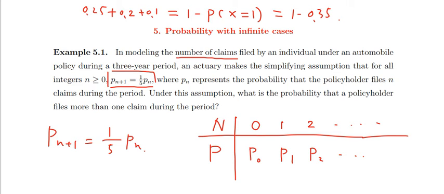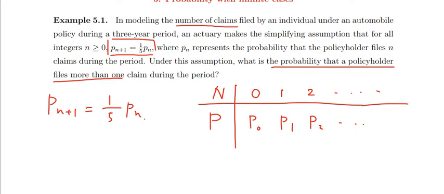Let's say we want to find the probability that a policyholder files more than 1 claim. This means we want the probability of n larger than 1, so n equals 2, or 3, until infinity.